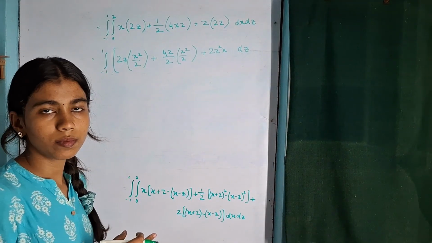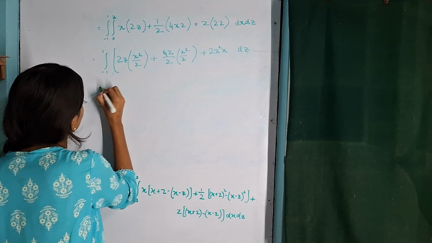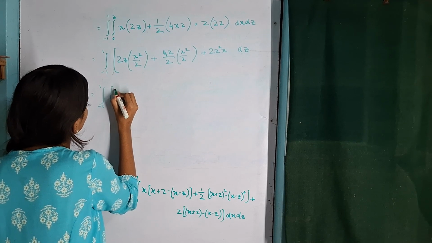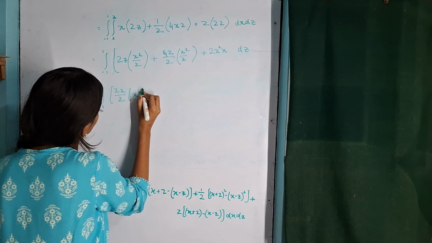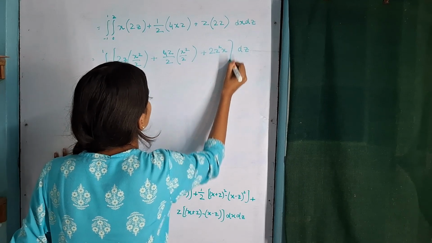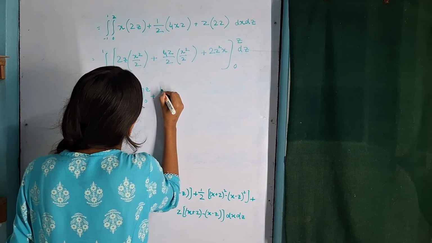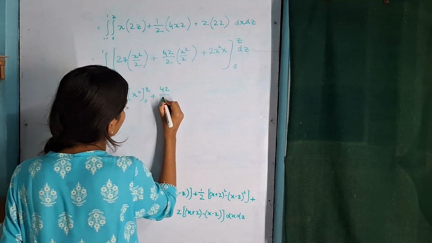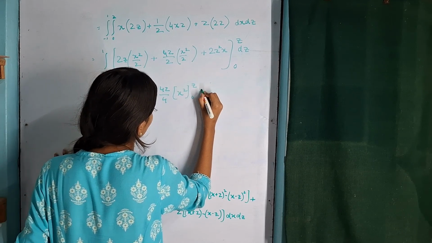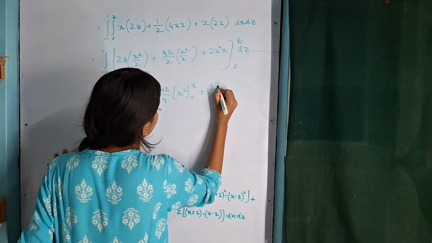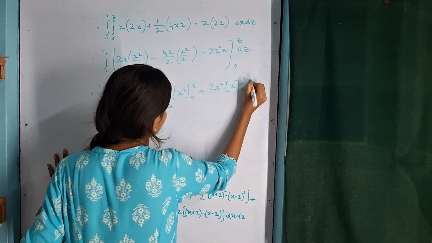Now we'll separate the x terms and keep the remaining things outside. Here we have 2z times x square by 2 with limits 0 to z, plus 4z divided by 2 into 2, 4 x square with limits 0 to z, plus 2z square outside, x with limits 0 to z.